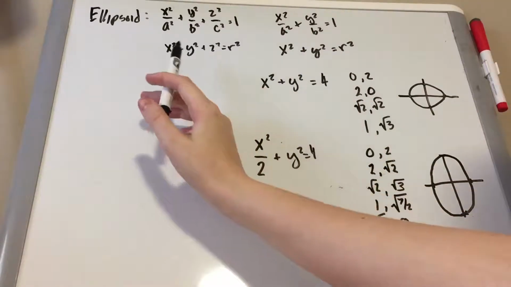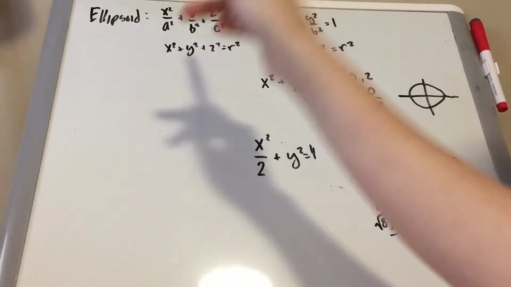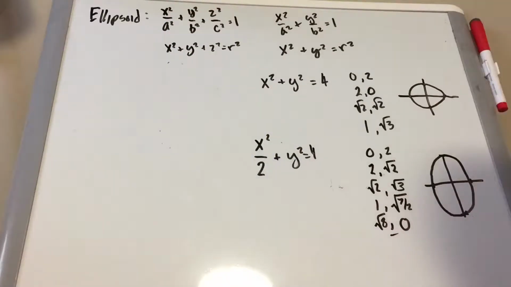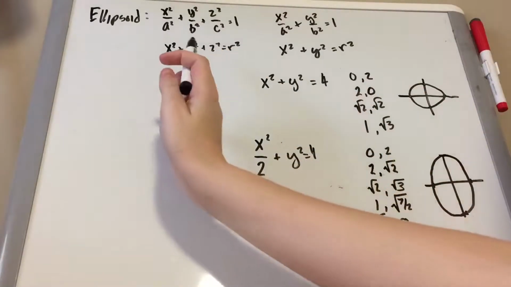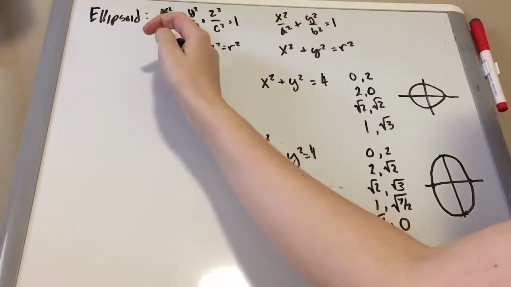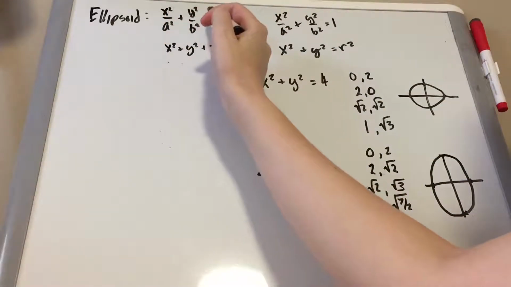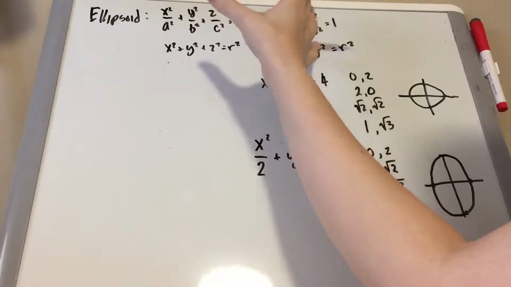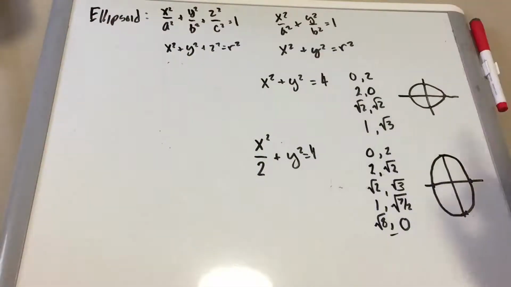In the same way, if we took a sphere and divided any of the values by a constant, it necessitates that the others must be larger. So if a squared is larger than b squared and c squared, it gets stretched in those directions.